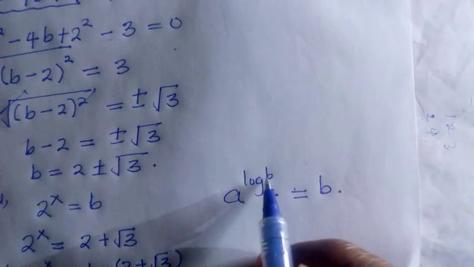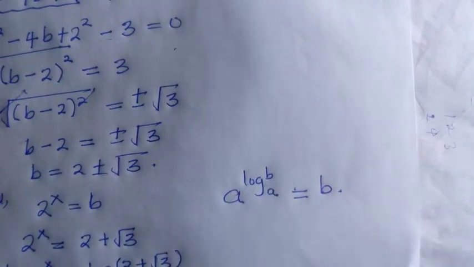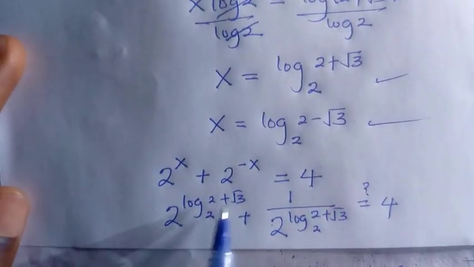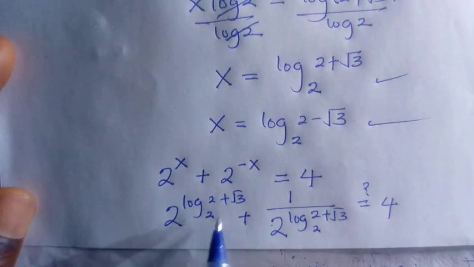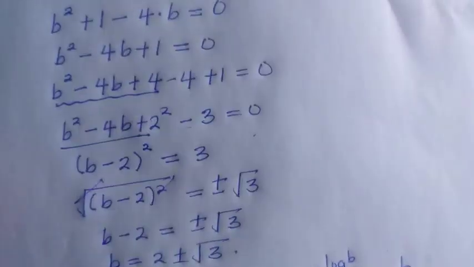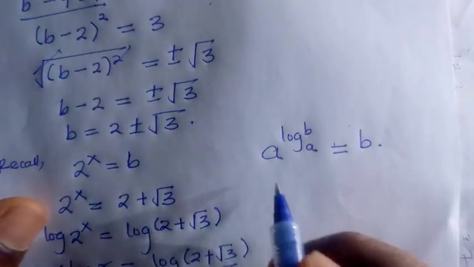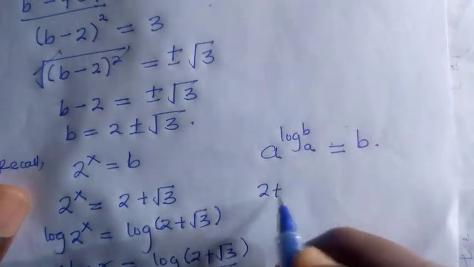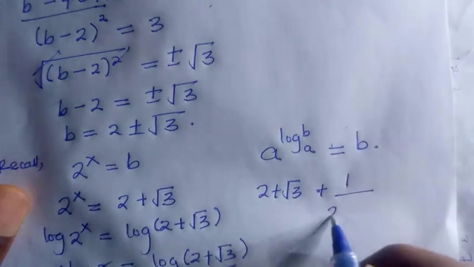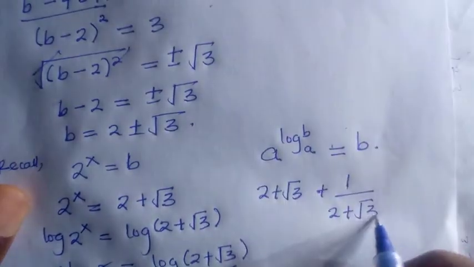So from what we have here, 2 to the power of log of 2 plus root 3 base 2, we take only 2 plus root 3. And similarly with this one, we take only 2 plus root 3. So by applying it, we have 2 plus root 3 plus 1 divided by 2 plus root 3.